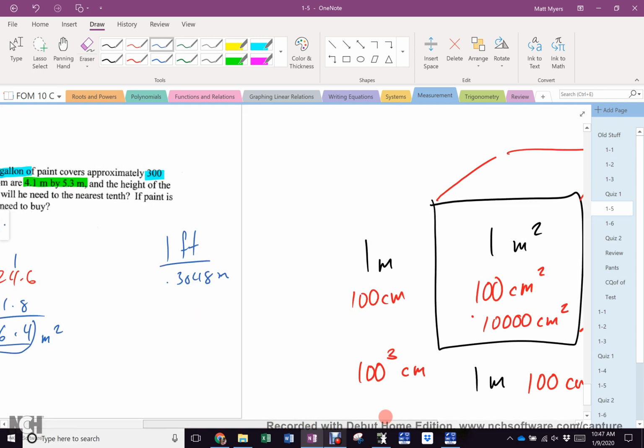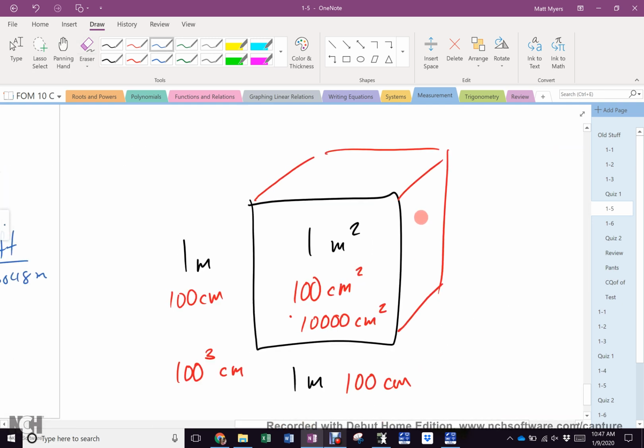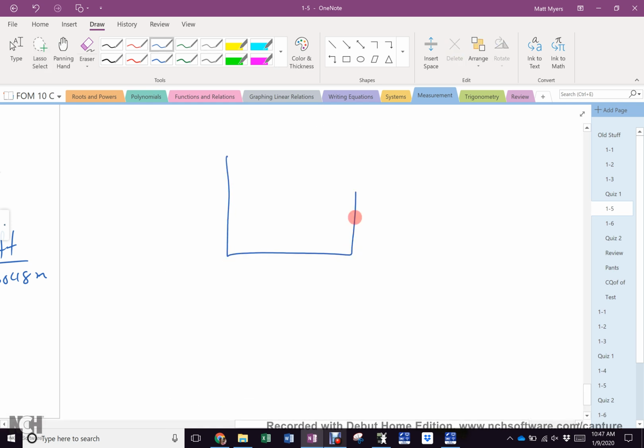Let me show you what I mean. Look, I have it right here. But I'm going to erase it and show you what I mean. 1 foot by 1 foot. What's this in the middle? 1 foot squared. 1 times 1. Everybody understands? Okay.